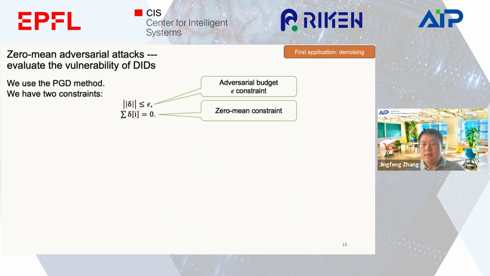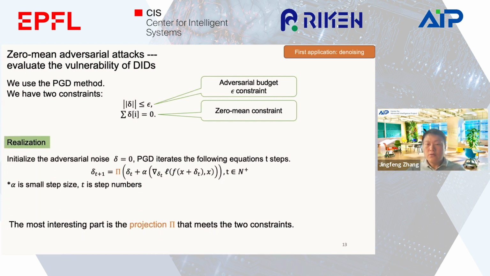Second, the noise should meet the zero mean property. To realize this, we customize the projection function in the PGD method. And the most interesting part is the projection pi that meets the two constraints.